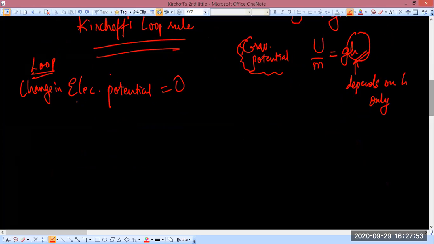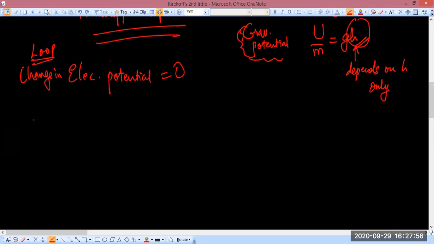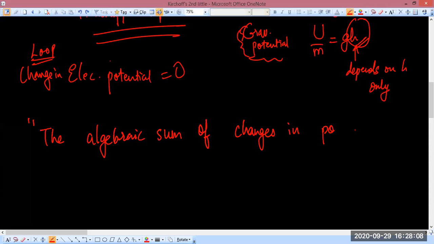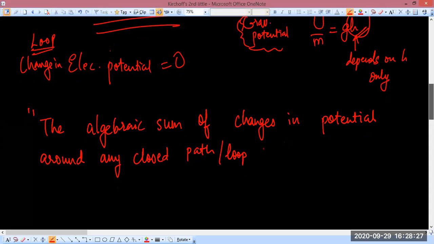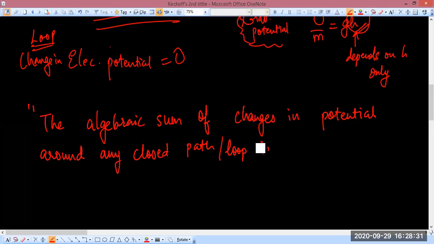Okay, so here is the statement. The algebraic sum of changes in potential around any closed path or loop, around any closed path or loop, having steady current.